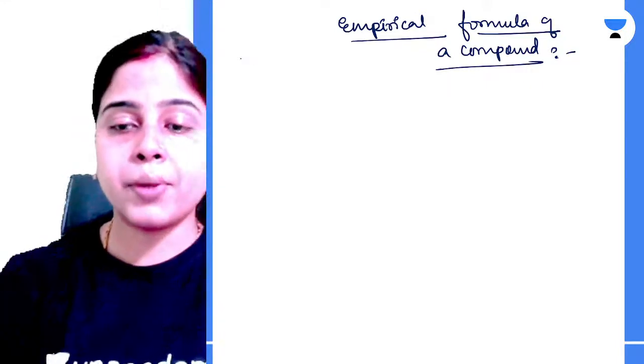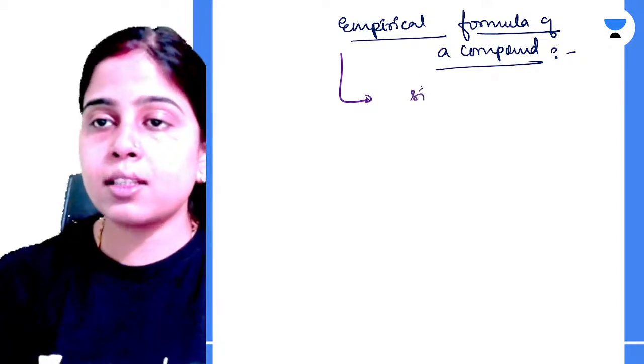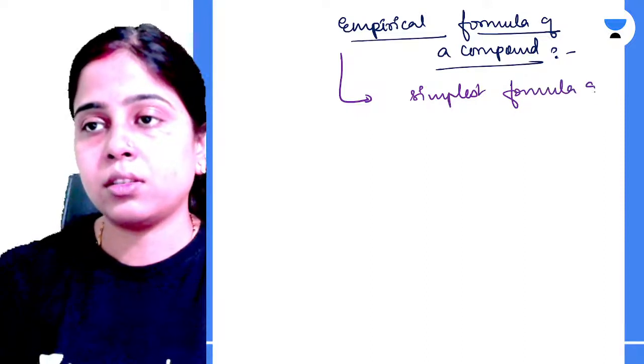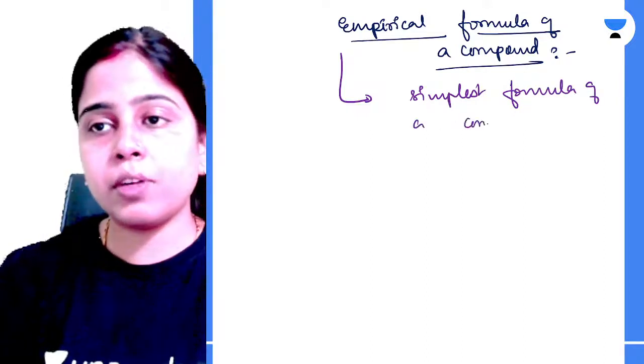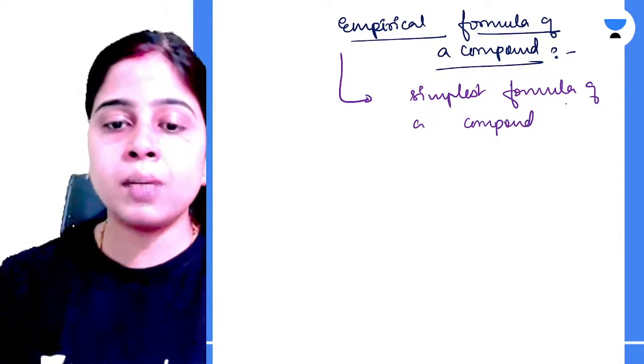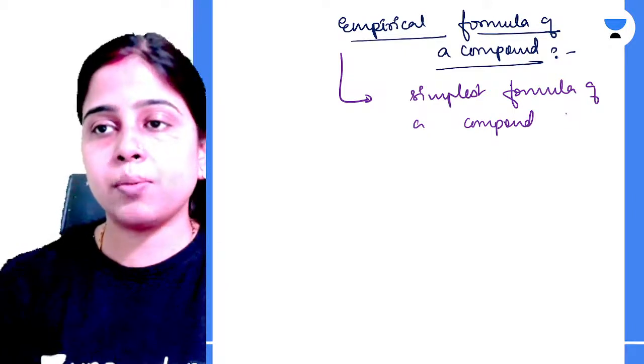So first of all, the empirical formula of any compound is the simplest formula of a compound which gives the simplest whole number ratio of different atoms present in one molecule of the compound.